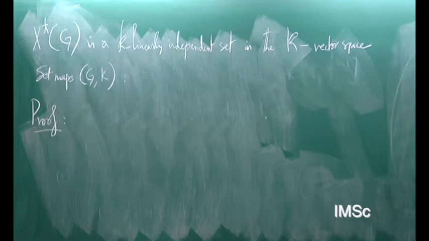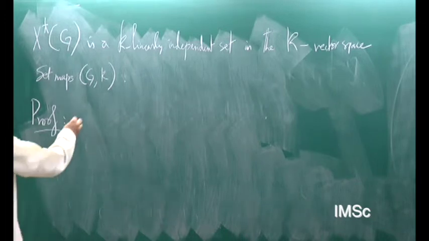So why is a character non-zero as a function from G to K? For example, chi of 1 goes to 1. You have to be careful: you have to show this function is not 0. Why is this function not 0? Because 1 goes to 1.